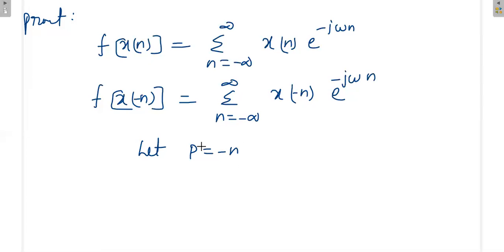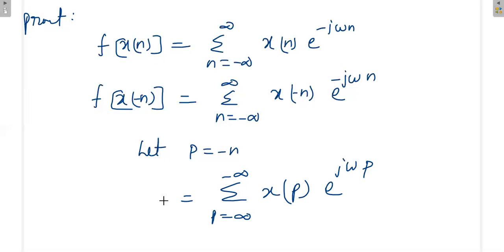Then definitely p will be going from infinite to minus infinite. Whether we go from minus infinite to plus infinite, or from plus infinite to minus infinite, everything is summation only. So again, the new summation p is going from, in general, infinite to minus infinite. Then x of minus n we can replace with x of p, then e power j omega p.